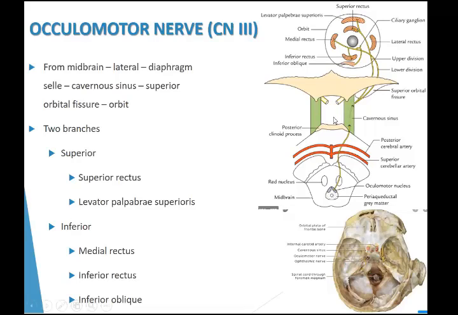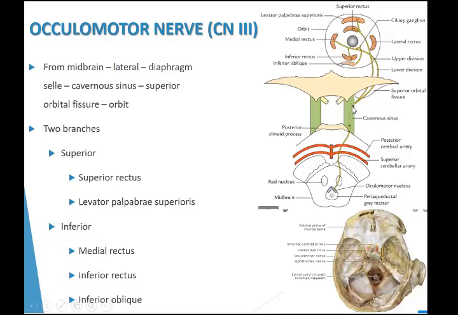The pituitary fossa contains the pituitary gland, okay. So this nerve, the oculomotor nerve, starts from the midbrain, lateral to the diaphragma sellae, and enters the lateral wall of the cavernous sinus.